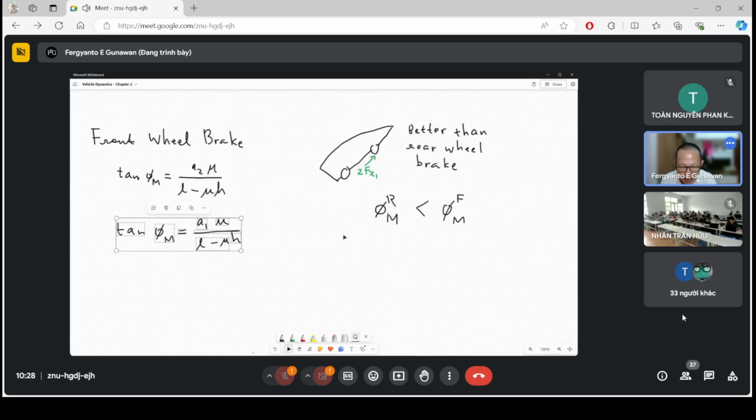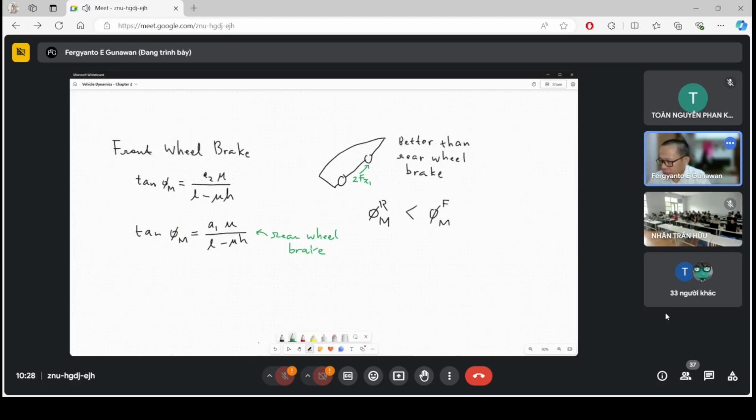So remember that this is the rear wheel brake. Rear wheel brake. So you can see the difference is just a1 and a2, right? Depending on the a, we know which angle is usually bigger.